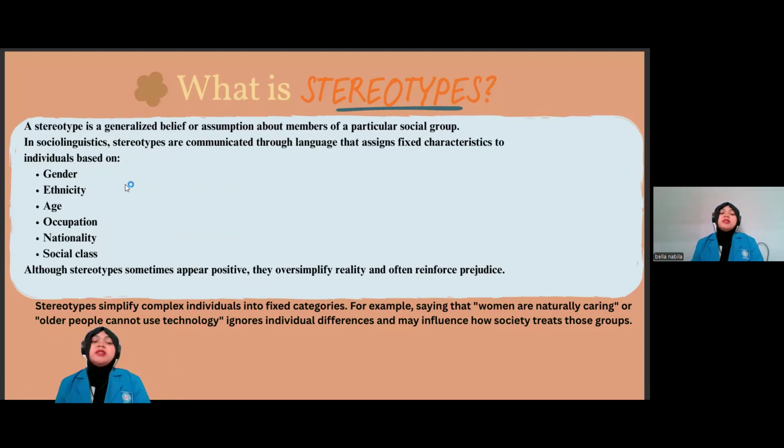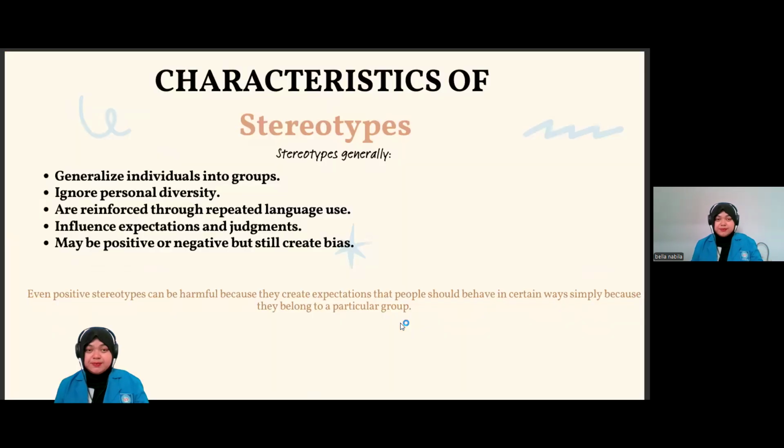Although stereotypes sometimes appear positive, they oversimplify reality and often reinforce prejudice. Stereotypes simplify complex individuals into fixed categories. For example, saying that women are naturally caring or older people cannot use technology ignores individual differences and may influence how society treats those groups.